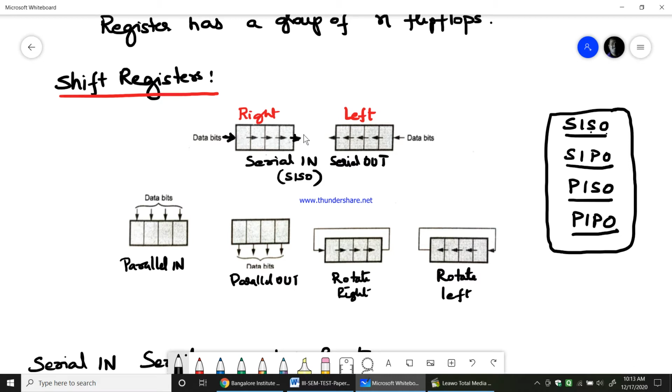The arrow is shown on the right side, so this is a right shift register. Similarly, you can also have a left shift register where the data bit shifts towards the left side.